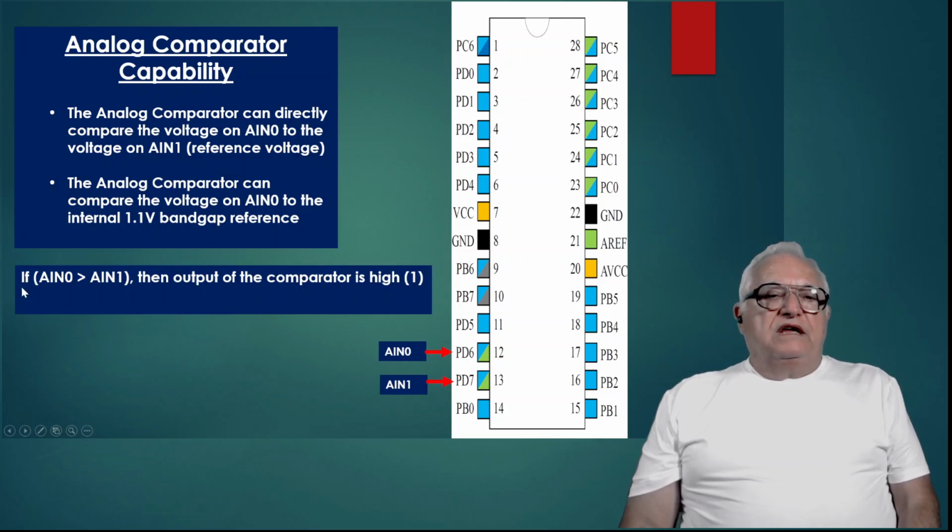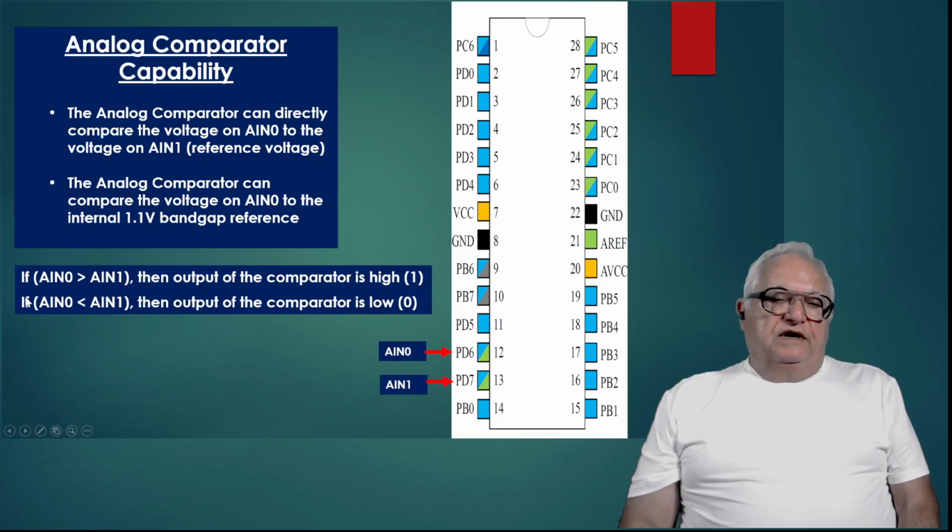Now, if AIN0 is greater than AIN1, then the output of the comparator goes high. So basically this says if the voltage source is greater than the reference source, then the output from the comparator would be 1.